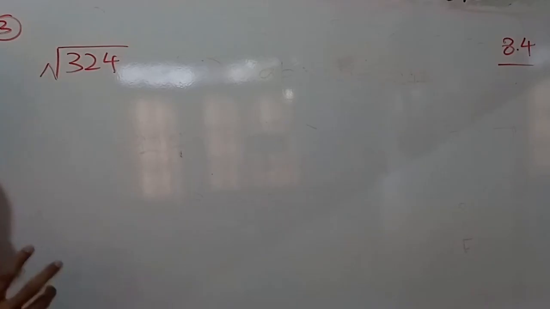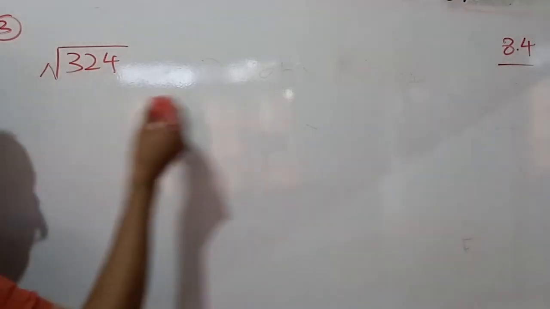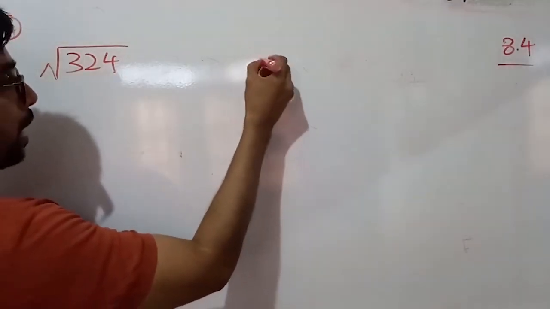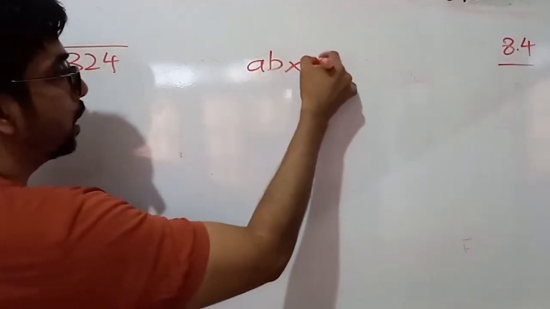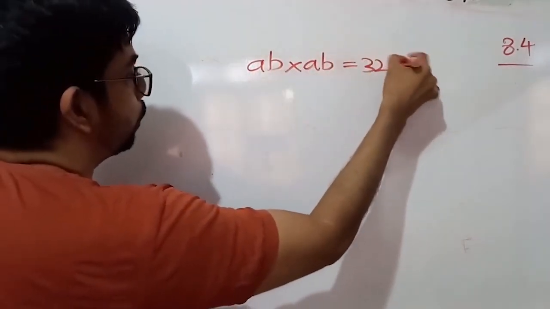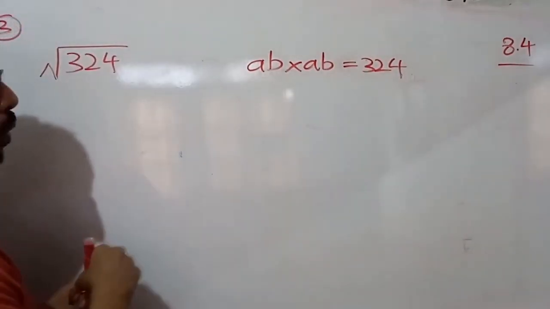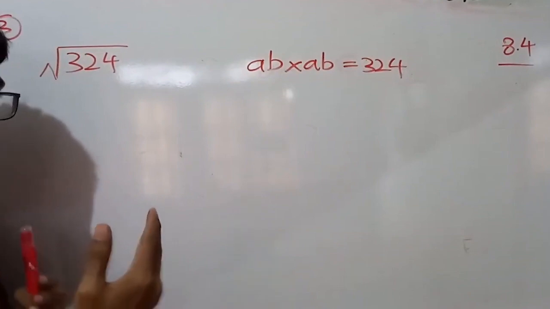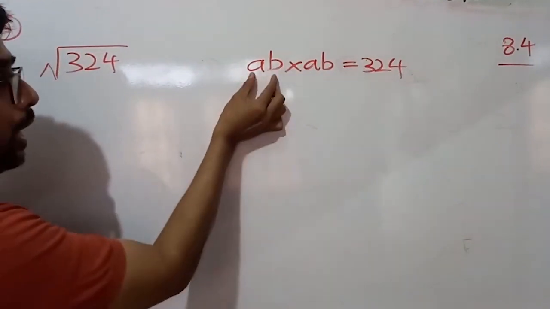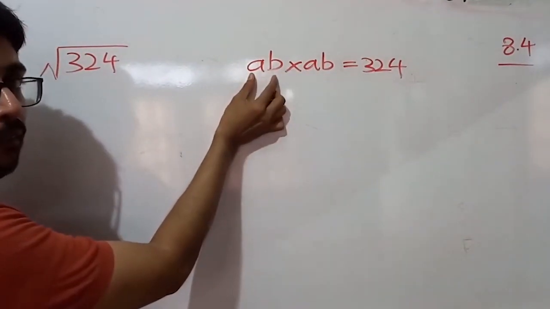At the moment we don't know it, we have to find it. But we can take the square root of 324 as AB. Right? So AB into AB is equal to 324 in this case. By observing this number, 324, we can guess what the digits for A and B are.